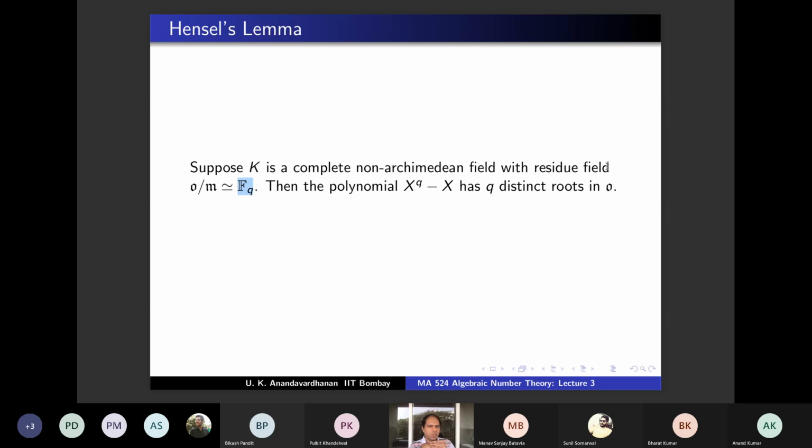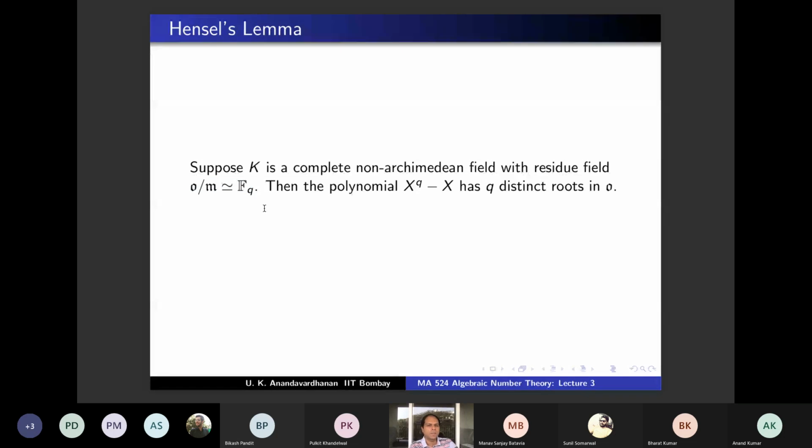So if you are in such a situation, then corresponding to each element of the finite field, you have got an element in your ring whose reduction is that element. So from O mod M to F_Q, you have the reduction map bar. So what you are saying is each element of this can be lifted uniquely. If you have an element x bar here, there is an element x whose reduction is x bar. That's what you're saying.